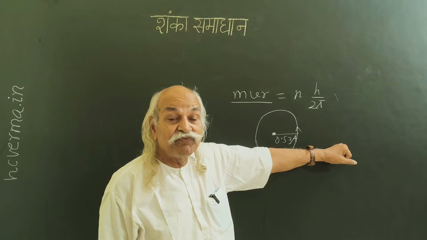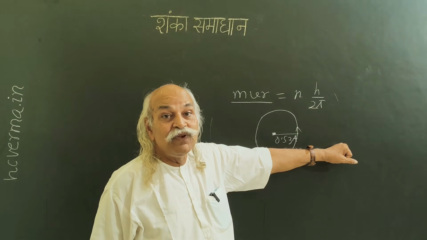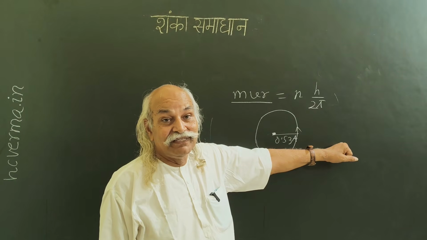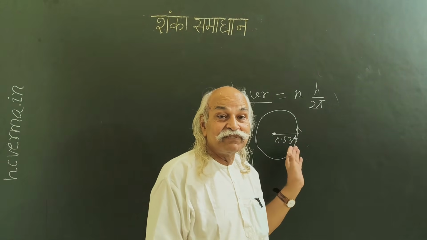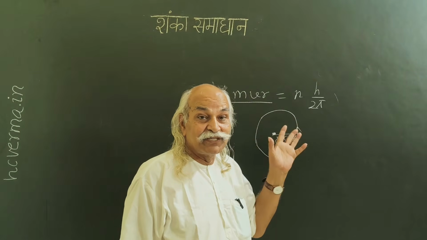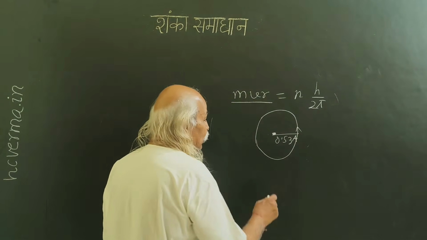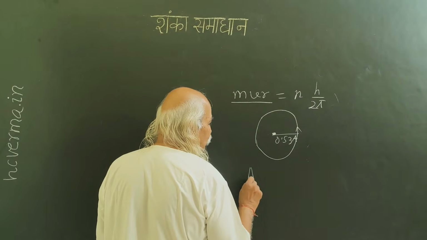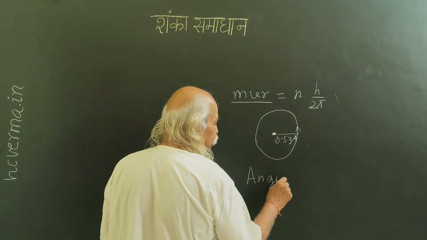No position of the particle, no velocity of the particle, do not have these kind of discrete circles or orbits and so on. So there the angular momentum is also of two types.